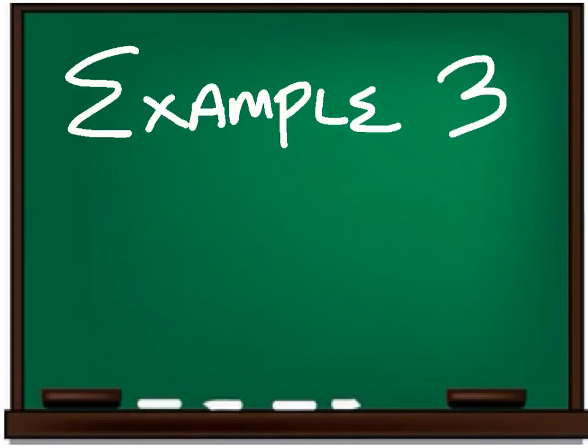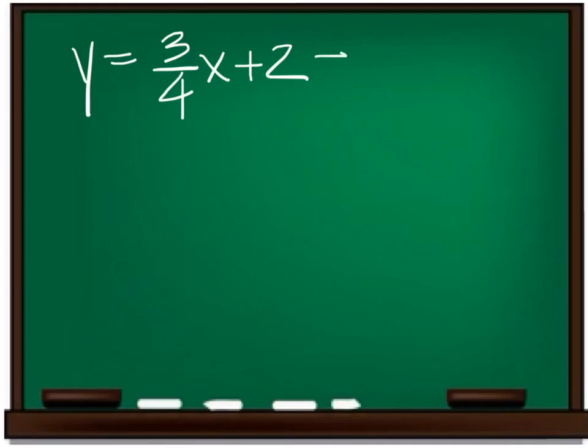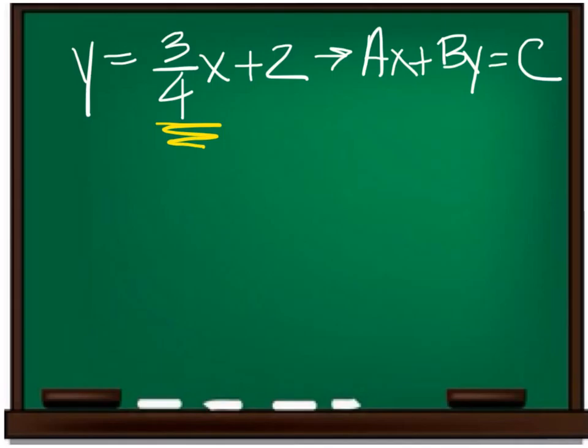Example 3. We want to change y equals 3/4 x plus 2 into standard form. Ax plus by equals c. In order to do that, you must move the x term to the left and change the sign.